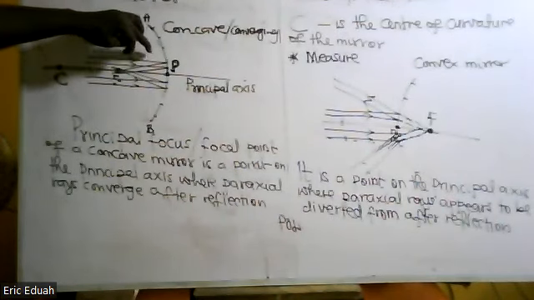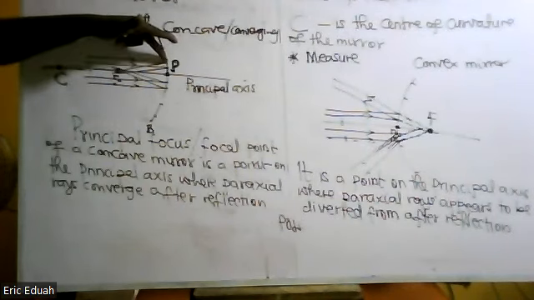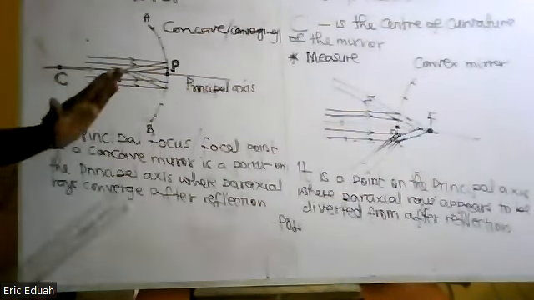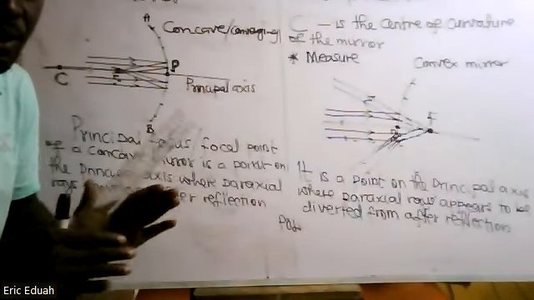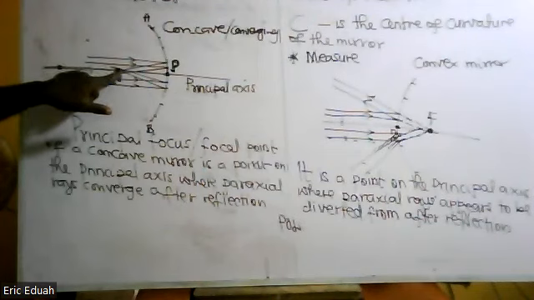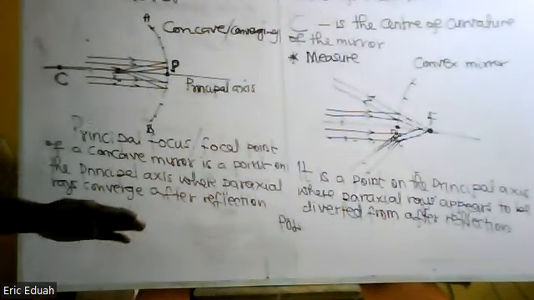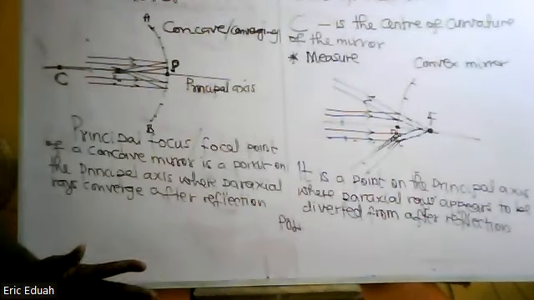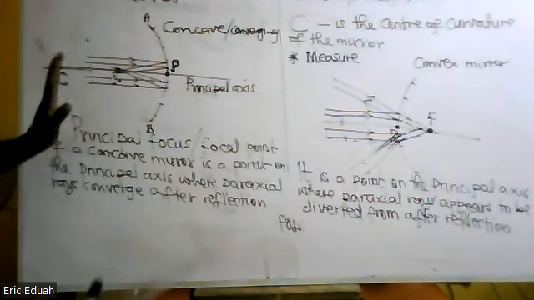When the paraxial rays hit the concave mirror, because they are close and parallel, they will all be converged at a point on the principal axis. So this point where rays that are close and parallel to the principal axis converge after reflection is the principal focus of a concave mirror. I hope this is okay.